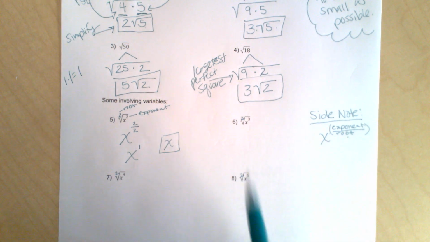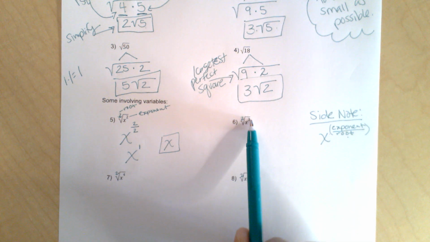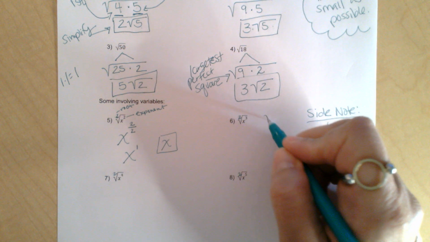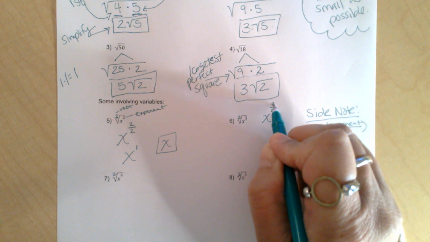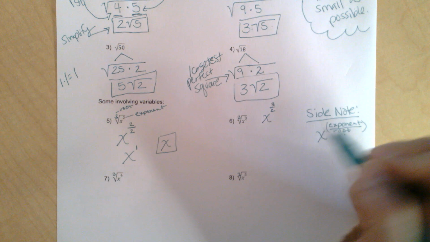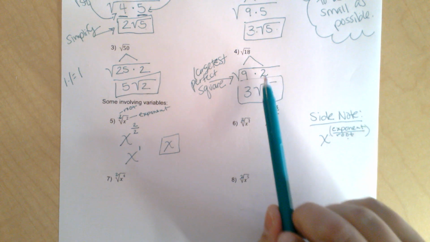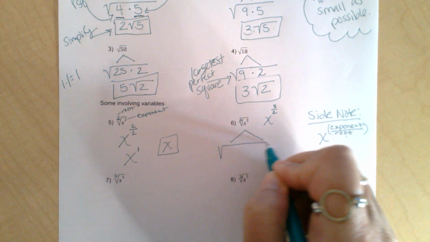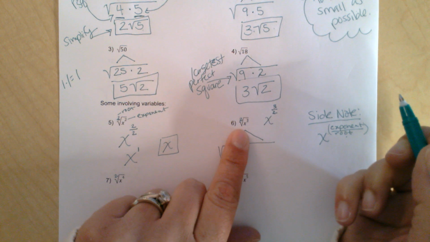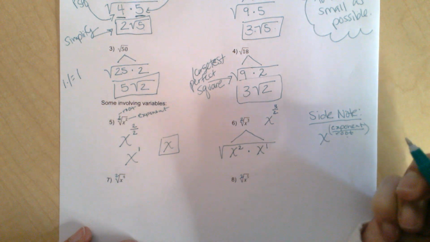All right, number 6. We have the square root, so a little 2, of x cubed. Now, if we did x to the 3 over 2, exponent 3 divided by root 2, we would still need to simplify. So how we simplify this is just like what we did up here. I'm going to break it down. Within x cubed, we have an x squared times x to the first.